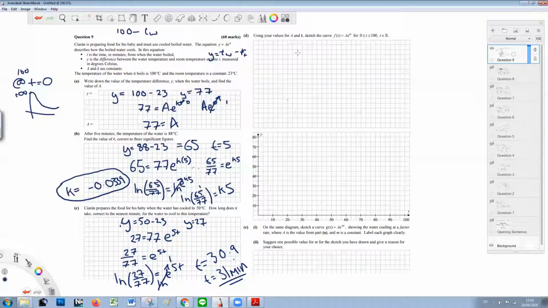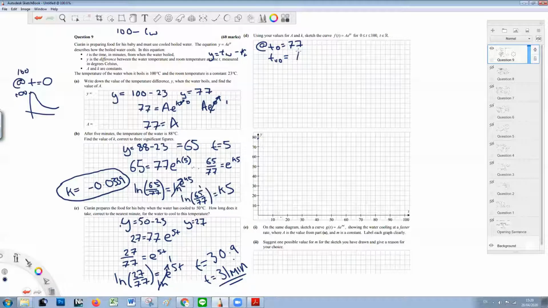So here we're just going to say, we know at time T equal to 0 that the value is 77, because we've already solved that here. So that's going to be something around here. At T1, I'm going to let T equal 10.